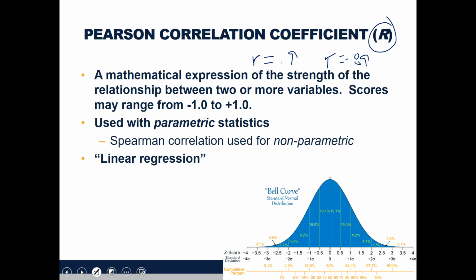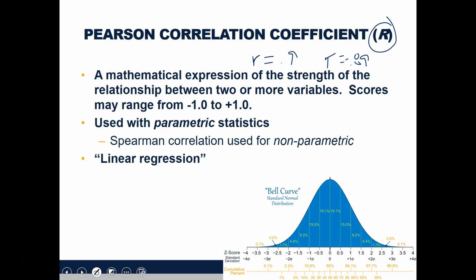So when we do statistics in research, there are two different main types of statistics. We have either parametric statistics or non-parametric statistics. With parametric statistics, an assumption is made when we look at the data.